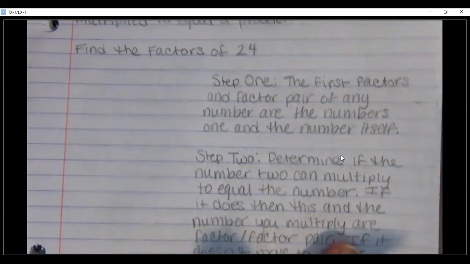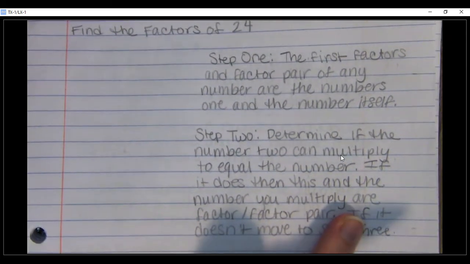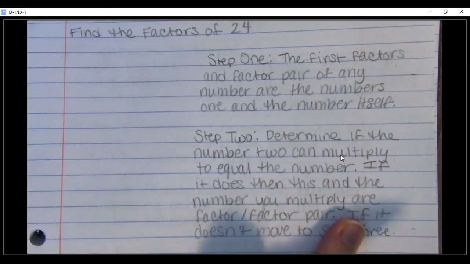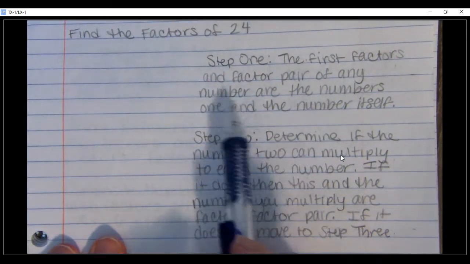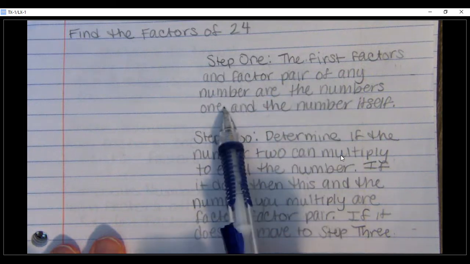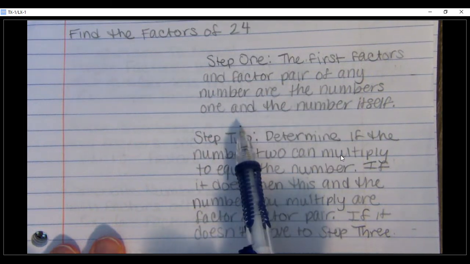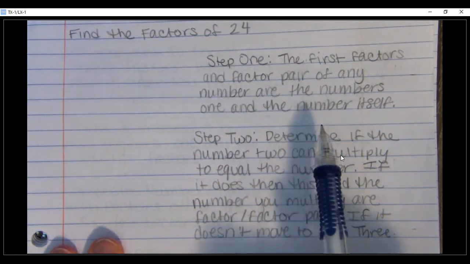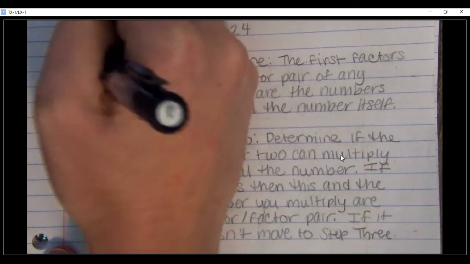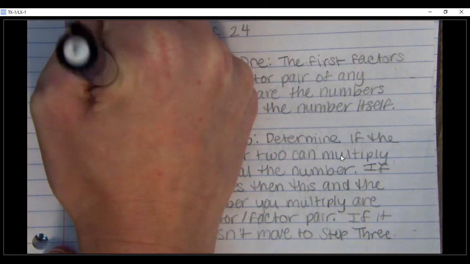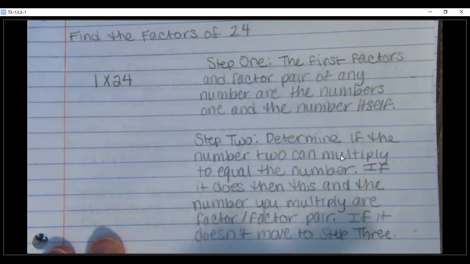Find the factors of 24. Step 1. The first factors and factor pair of any number are the number 1 and the number itself. So I'm just going to write that on the side. 1 times 24.